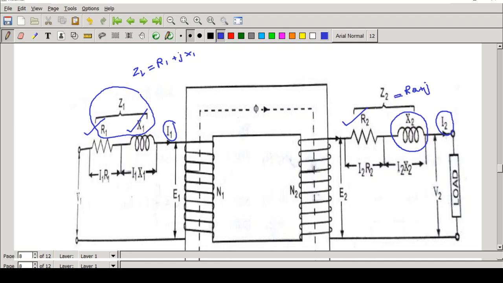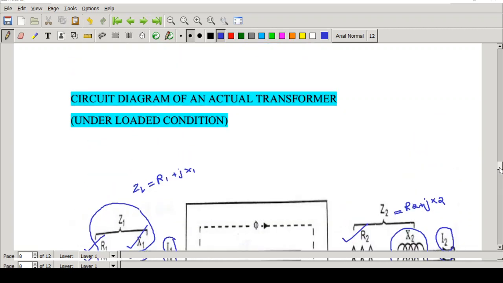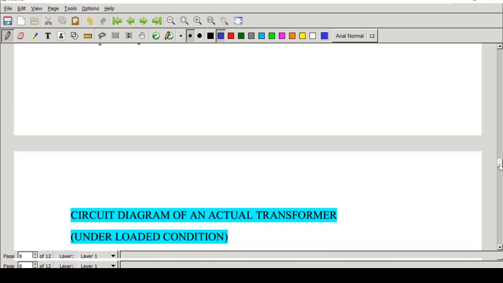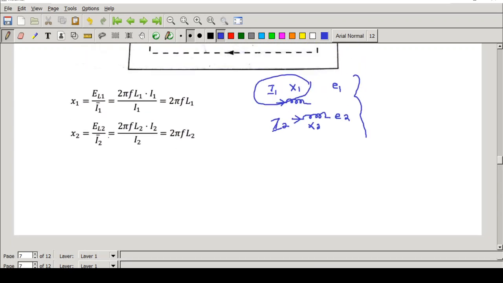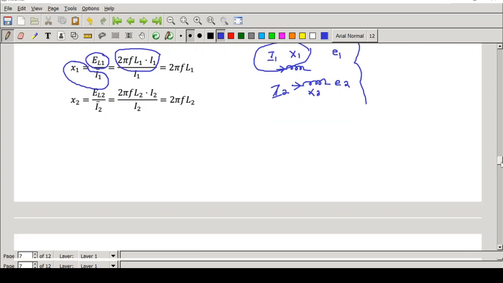So Z2 is the secondary impedance and Z1 is the primary impedance. That is how we will introduce the effect of the leakage flux. So basically this is what I told you. That is X1 into I1, that is equal to the induced EMF, and the expression for the induced EMF is this one. Now let's see the vector diagram.